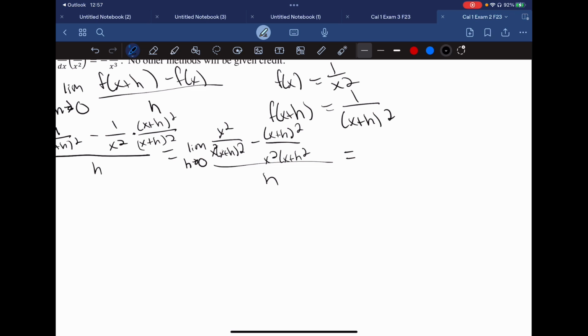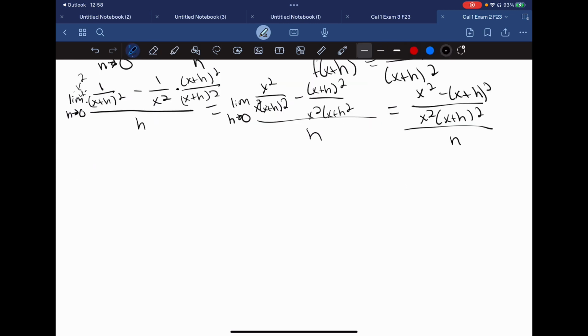Now, we can combine this to be x squared minus x plus h squared all over x squared times x plus h squared. And this, again, is going to be all over h. From this step forward, we're going to want to expand out x plus h squared and cancel out all the like terms.